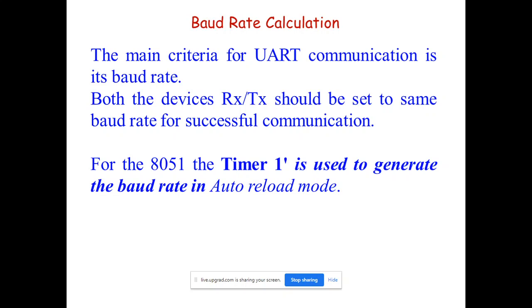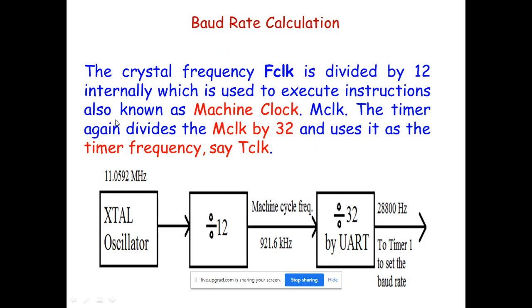That's why we go for auto-reload. We are not doing that calculation every time. Once you do that calculation, you put it into the auto-reload mode. Now we know the crystal frequency is divided by 12, and that is called the machine clock.